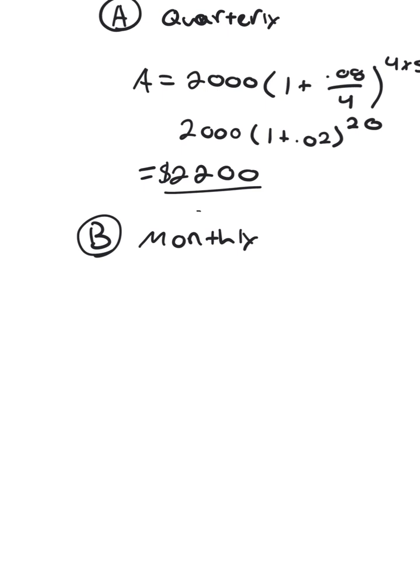For monthly compounding, interest is compounded 12 times a year. So, A equals 2,000 times 1 plus 0.08 over 12, to the 12 times 5.